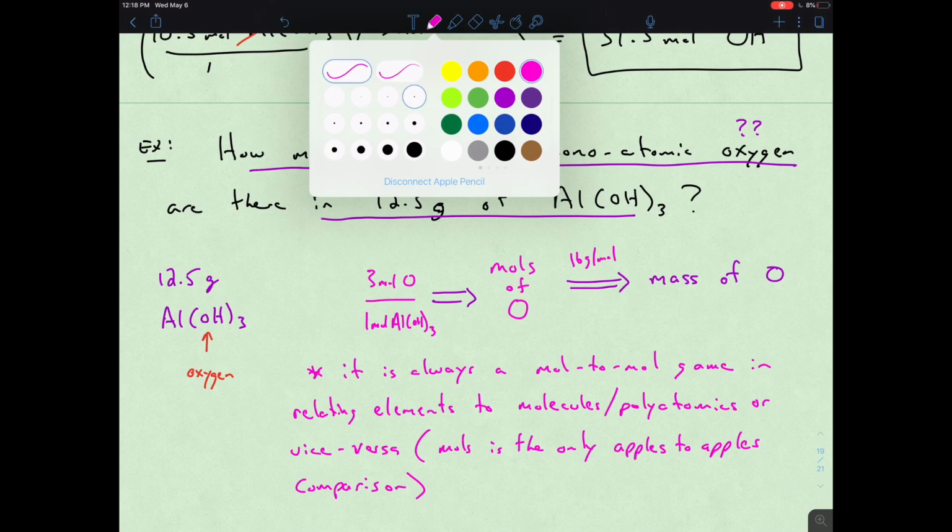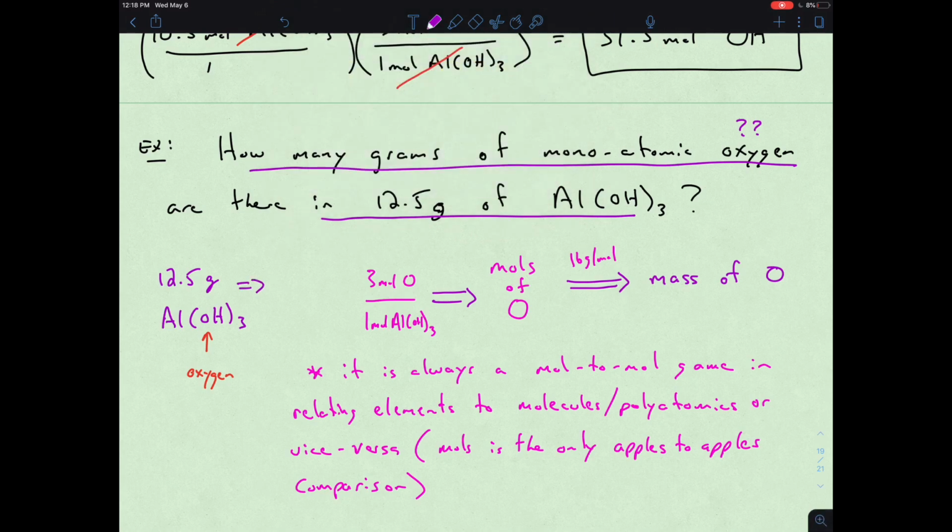So that means all I really need to do is, okay, if I can get 2 moles of aluminum hydroxide, I can then get to moles of oxygen, right? And then I can get to mass of oxygen. So we have, like 3 different conversions here.